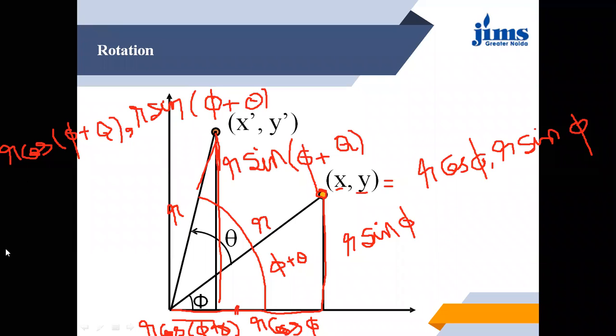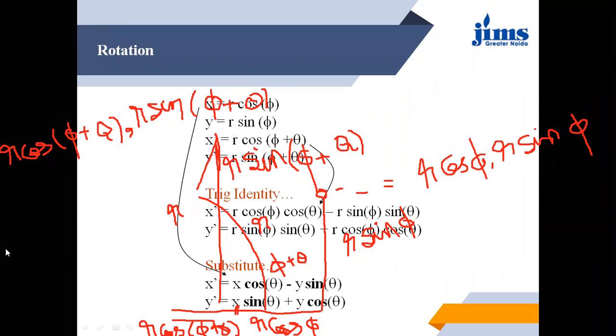So when we have to solve the equations to come to a conclusion, we have to use this. Let's first check it. x dash equals r cos(phi plus theta), y dash equals r sine(phi plus theta), x equals r cos phi, and y equals r sine phi.